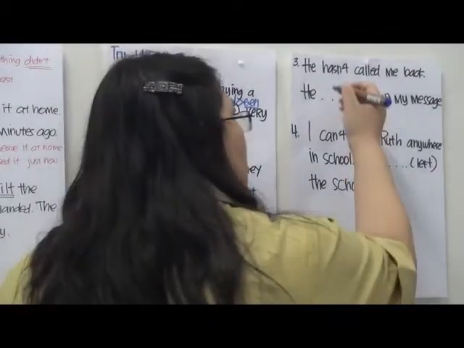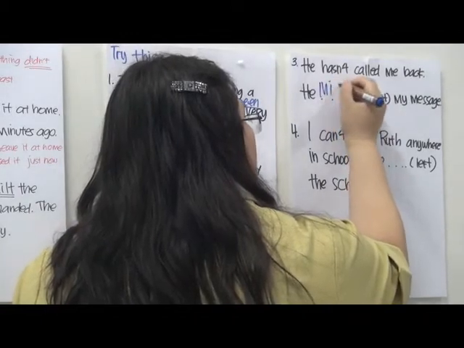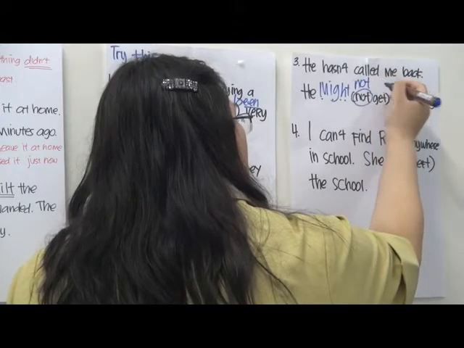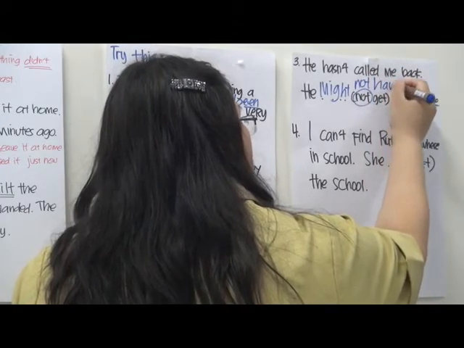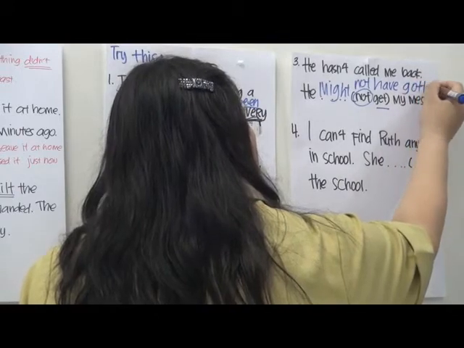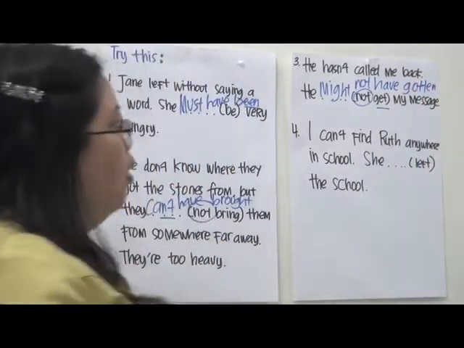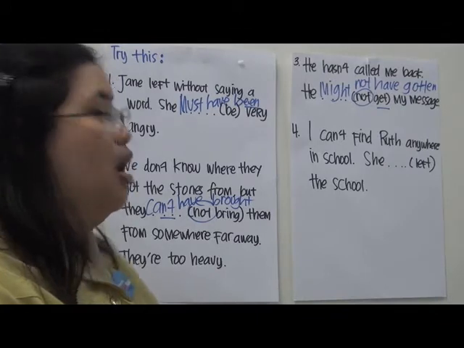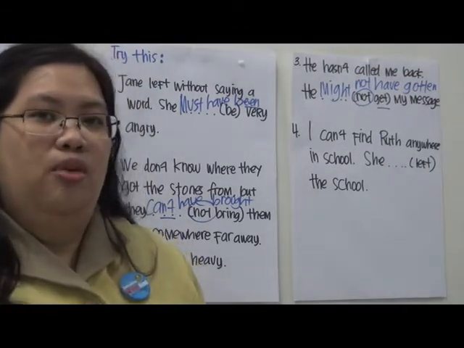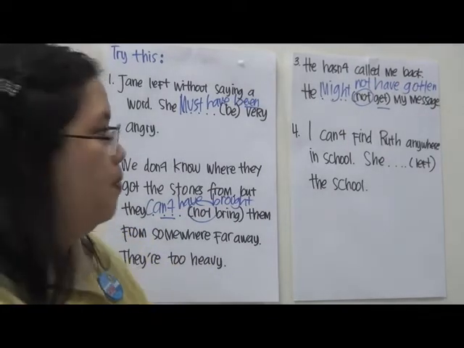So you can use might, because there's not here, just put not. Don't forget have. The verb 3 of get is gotten. So if he hasn't called me back, he might not have gotten my message. Something is possible, but we are not sure yet.